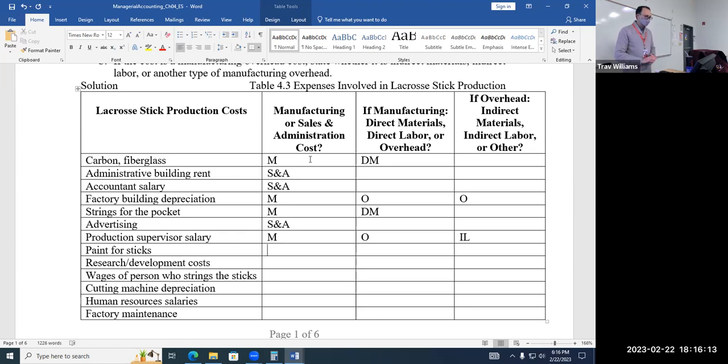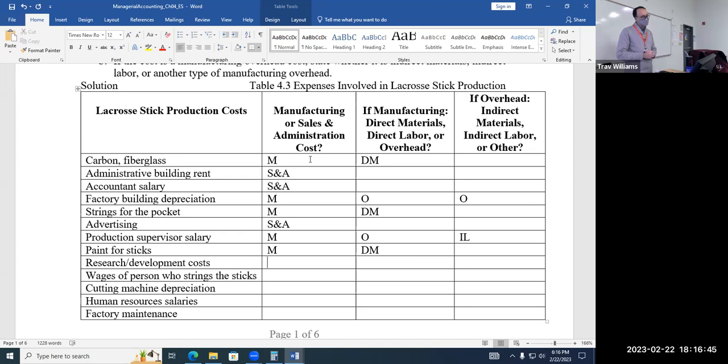How about paint for the sticks? It is manufacturing. Now, this is also in that gray area. You might be able to call it indirect materials. I believe the correct answer, according to the textbook here, is direct materials. It might be a little hard to quantify, but we'll double check, though I'm pretty sure that's the right answer.